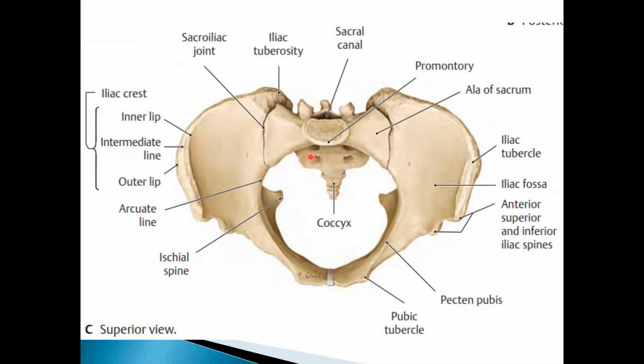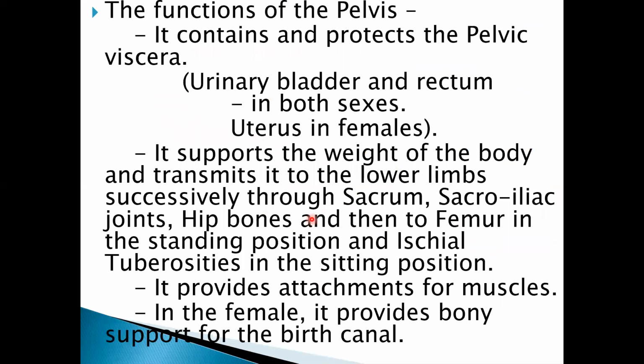This forms the birth passage of the fetus from the pelvic inlet through the pelvic outlet to the exterior. So it forms the passage for parturition, or the passage for the birth of a baby. The functions of the pelvis: it contains and protects the pelvic viscera. As the abdomen has the abdominal viscera, in the pelvis there is the pelvic viscera.